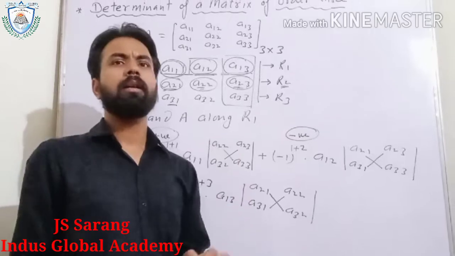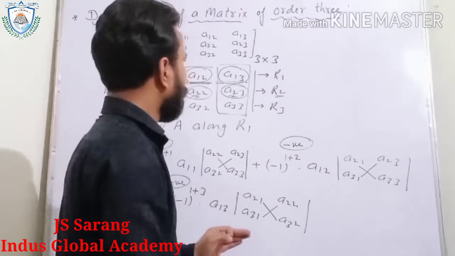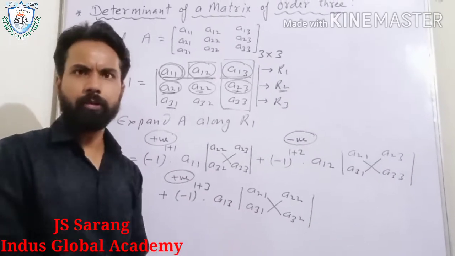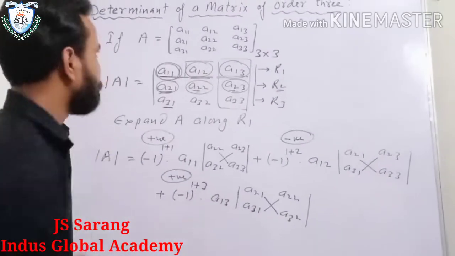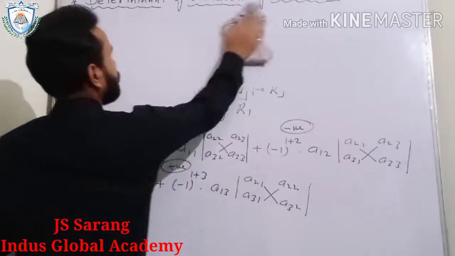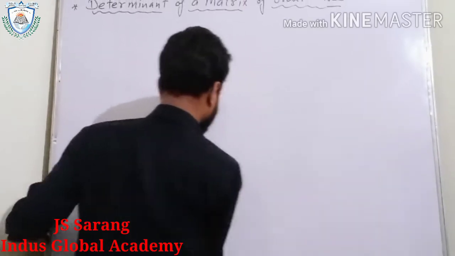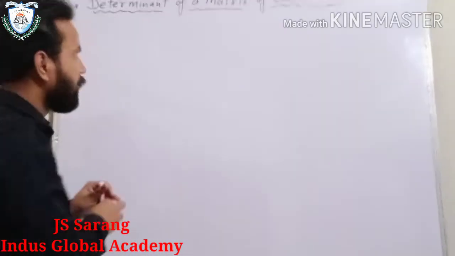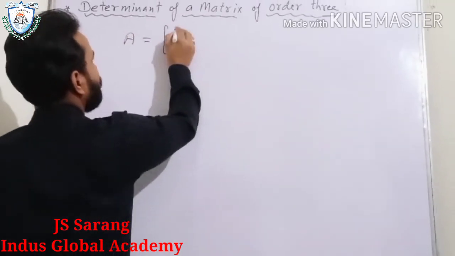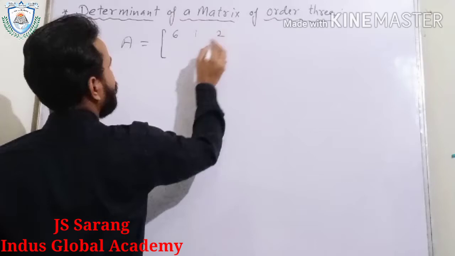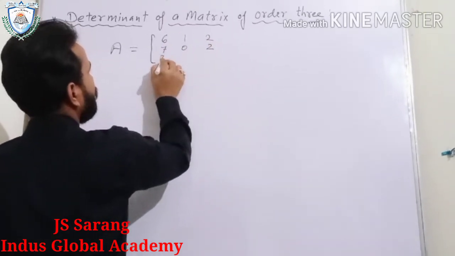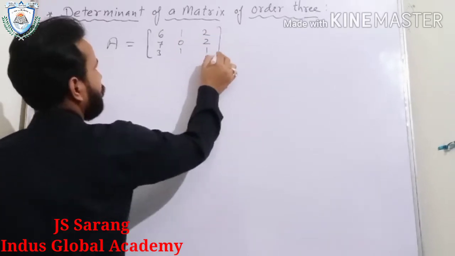Okay, let's take one numerical to clarify all the doubts of how we can find the value of the determinant. Understood? So I am taking one example. See, let a matrix be 6, 1, 2, 7, 0, 2, 3, 1, 1.